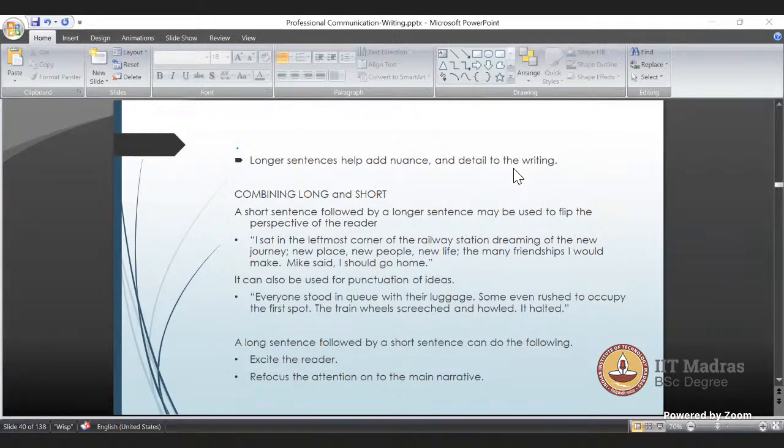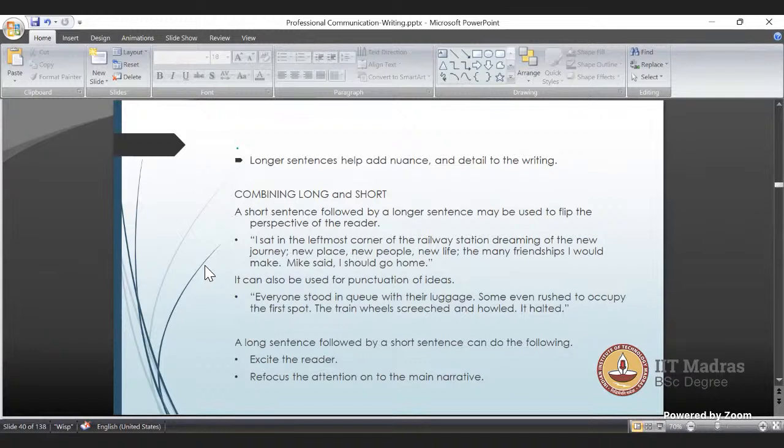All right. So what happens? You have two methods: a short sentence followed by longer ones, or a long one followed by short. Now, a short sentence followed by a longer sentence is usually used to flip the perspective of the reader. Let's look at what that means. Read that paragraph that you have on screen. I sat in the leftmost corner of the railway station, dreaming of the new journey, new place, people, new life, the many friendships I would meet.